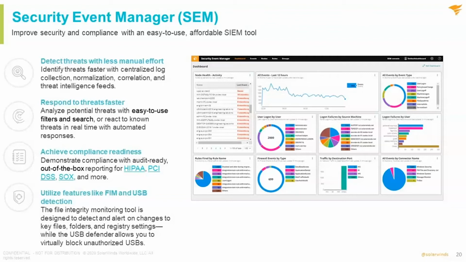Also, how are you going to respond to those threats faster? Being able to deploy this tool, it comes with hundreds of already pre-built and easy to use filters and rules set up. So you can be looking at different kinds of use cases, for example, like login failures. Maybe some of you are familiar with the concept of zero trust. That's quite common within the security framework these days, which is really mostly about protecting your environment from both the inside and outside.